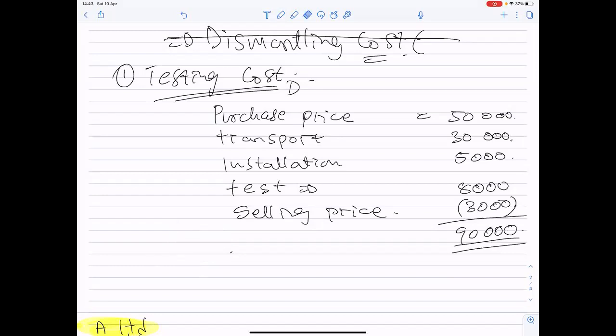So one would ask, why did I subtract the 3,000? I subtracted it because as we were testing the asset, we produced products, and those products were sold. Do we understand? So we are simply saying that the net amount is the one that is going to be included in the cost of the asset. We incurred 8,000 to produce those products.